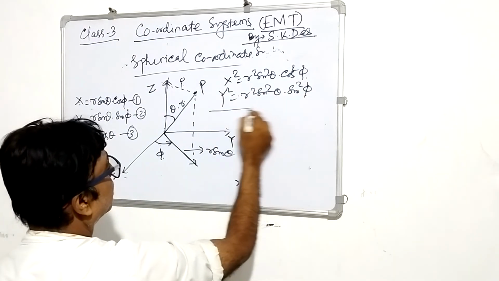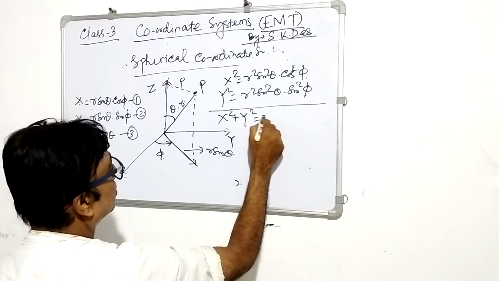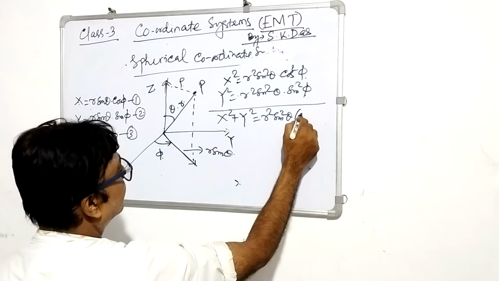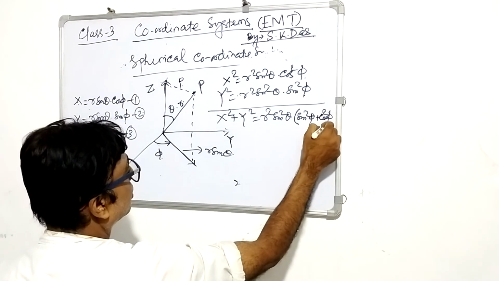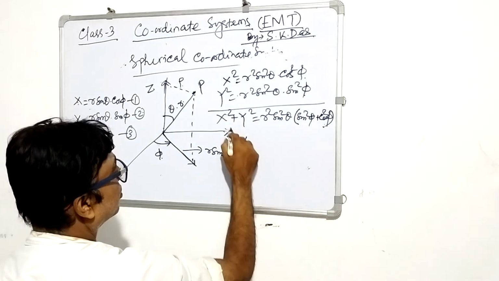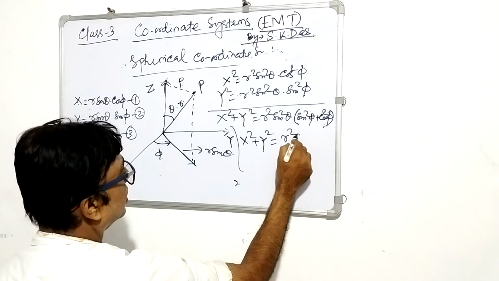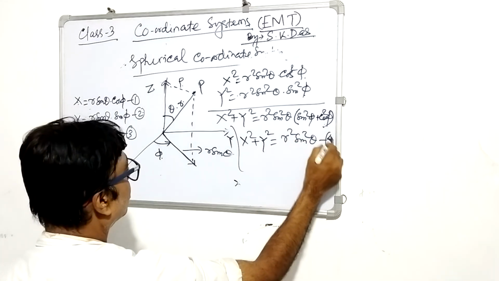If we add these two equations, x squared plus y squared is equal to r squared sin squared theta times sin squared phi plus cos squared phi, which is 1. So x squared plus y squared is equal to r squared sin squared theta. Suppose this is equation 4.